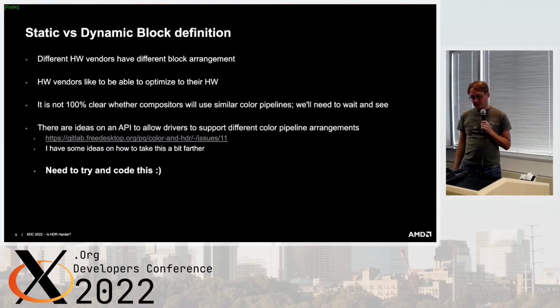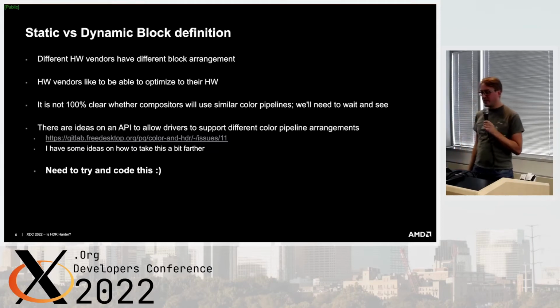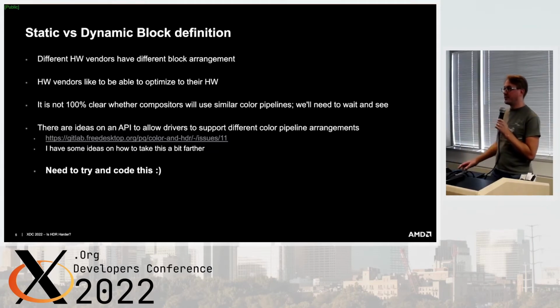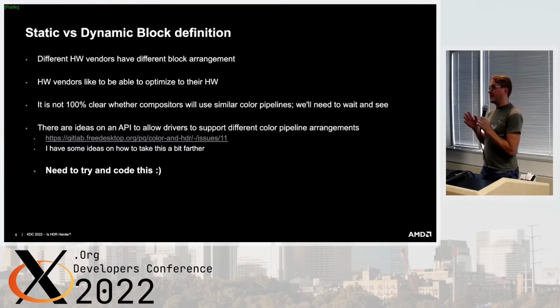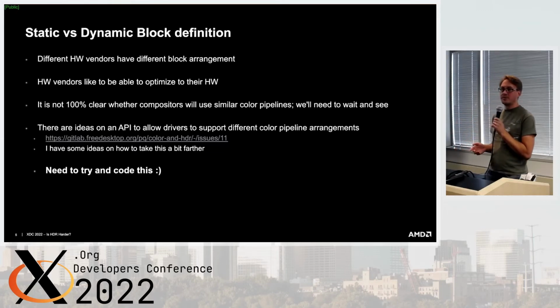Well, I think if hardware is sufficiently different and if compositors have a sufficiently different view of what needs to be done, then maybe this needs to be dynamic on some level. If compositors are all doing their color processing the same way, then maybe it doesn't need to be dynamic. And again, some of the compositor work isn't quite there yet, so maybe we'll still find out.